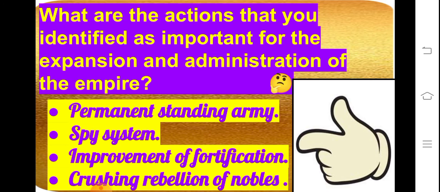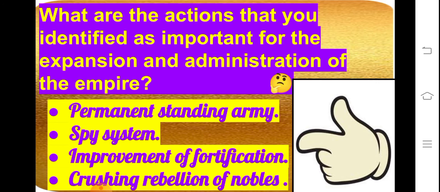What are the actions that you identified as important for the expansion and administration of the empire? So, children, think about this and give your response. The administrative policies undertaken by Alauddin Khilji included repairing forts and posting efficient generals to repel Mongol invasion, gathering information about military resources, placing spies in the army, preventing nobles from keeping private armies.